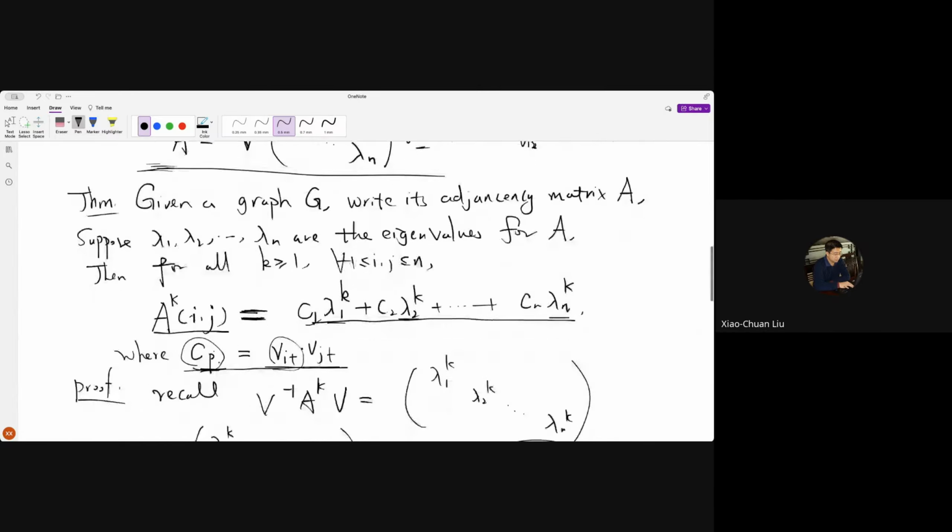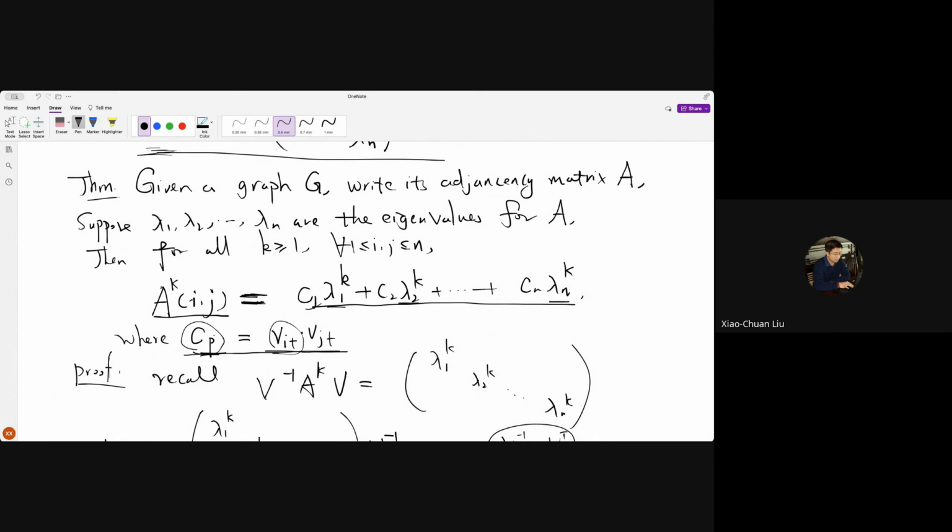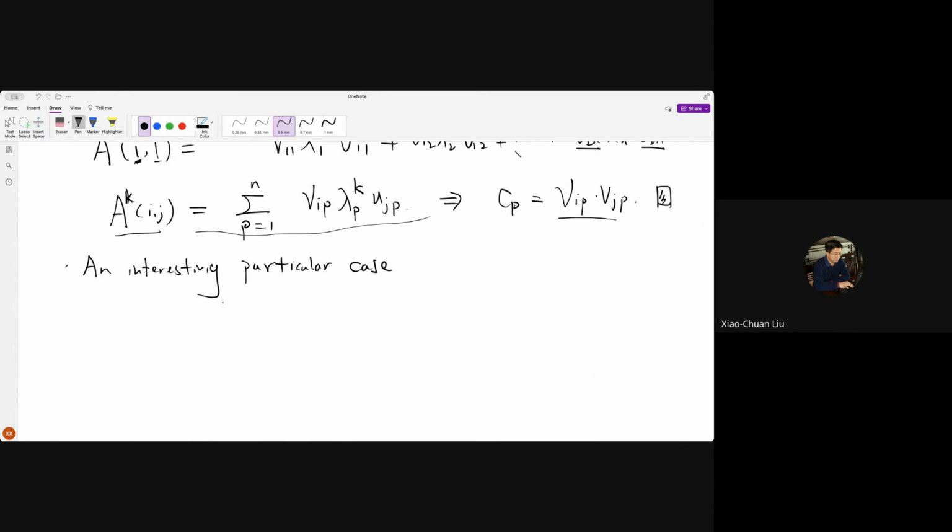Okay, so if I ask for A^k_ii, so I look at the closed box, A^k_ii, for example, diagonal entries in the final matrix.